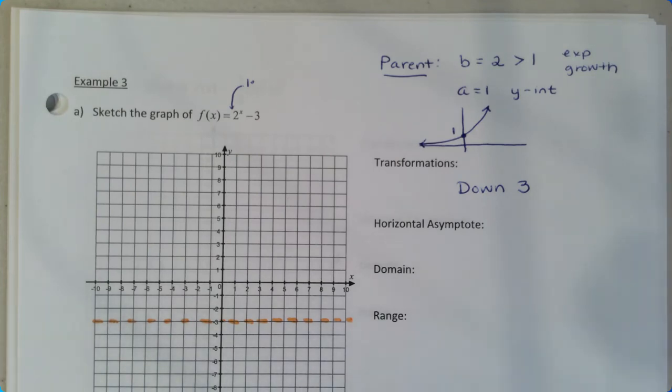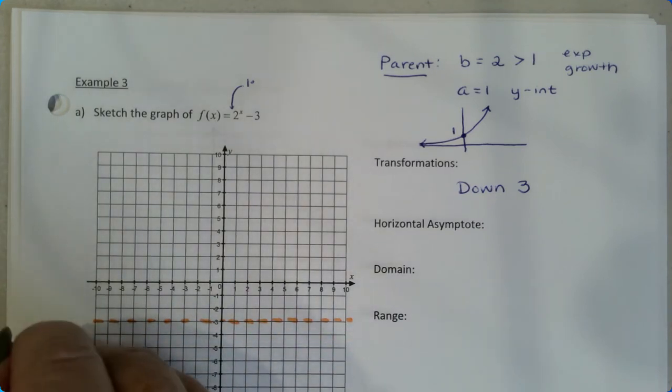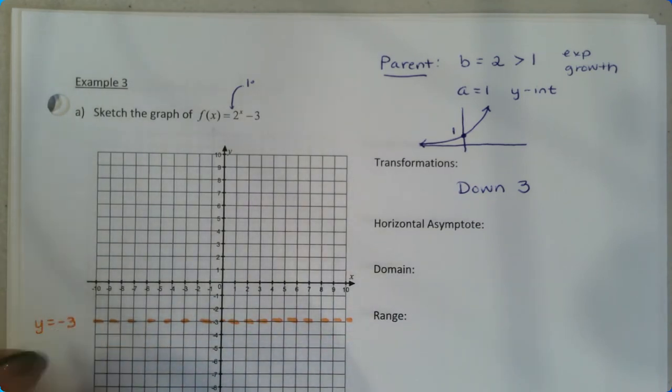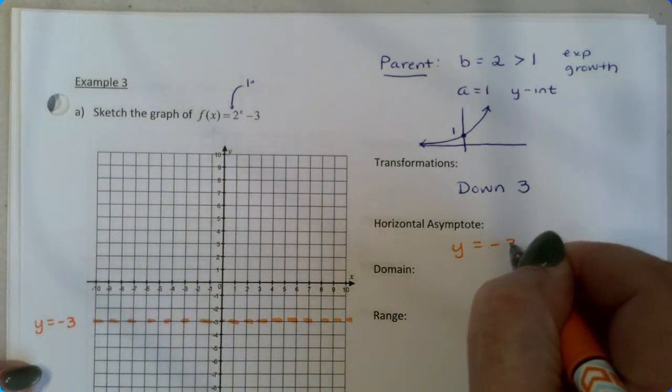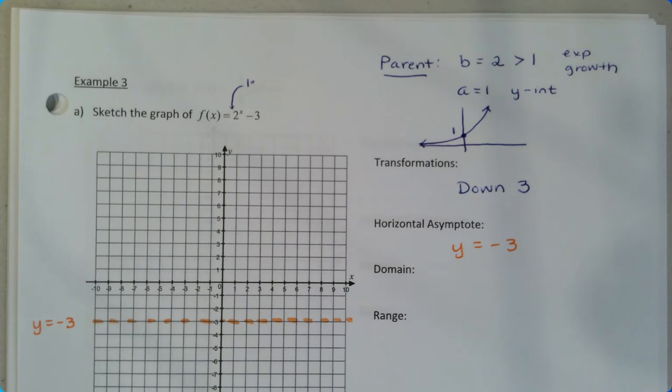So there's my new horizontal asymptote shifted down 3. The equation of that line would be y equal -3. And so if I'm asked what is the horizontal asymptote, that's it, y equal -3.